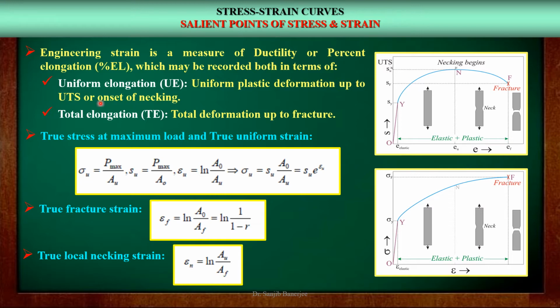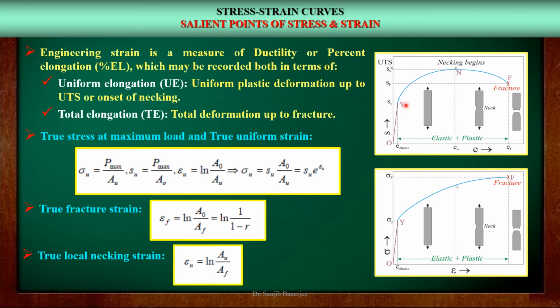For example, this is the yield point, where the strength is the yield strength, and this is the minimum stress level at which we get a measurable amount of plastic deformation, or in other words, from this point the plastic deformation actually starts.